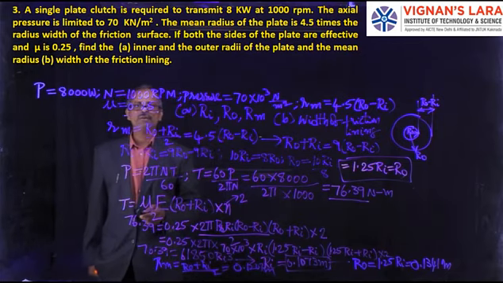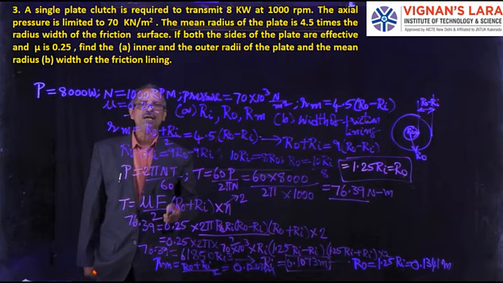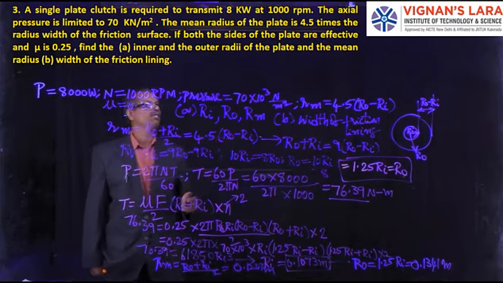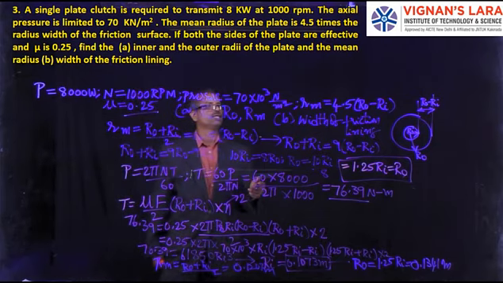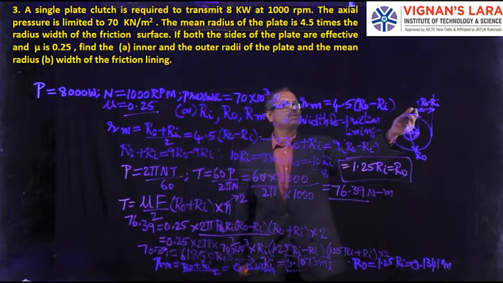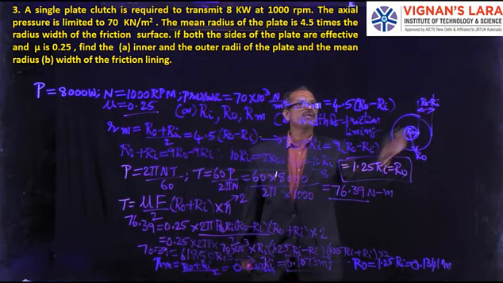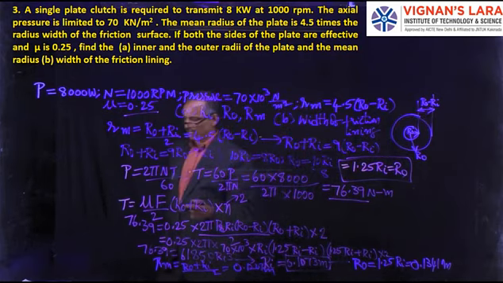What is the second bit? Width of the friction lining. R naught minus Ri is the width of the friction lining.